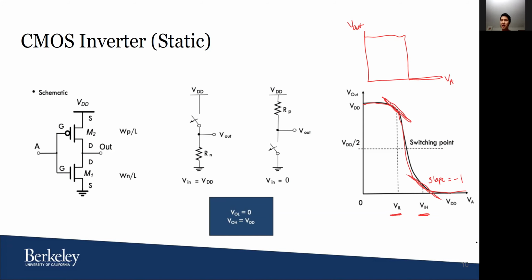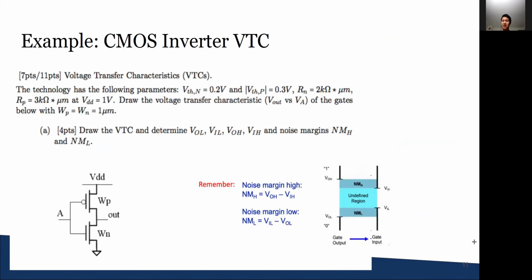And then going from this curve, we define some noise margins.